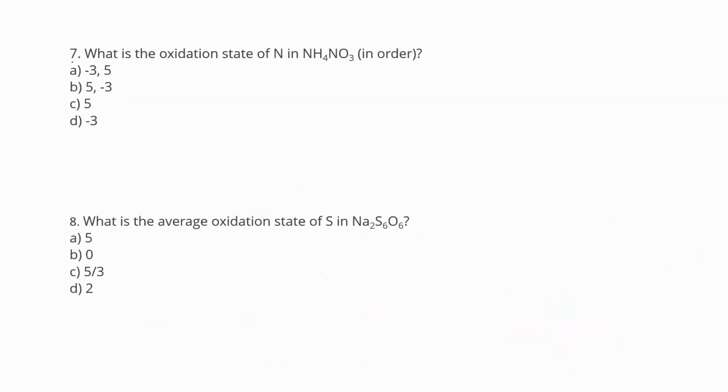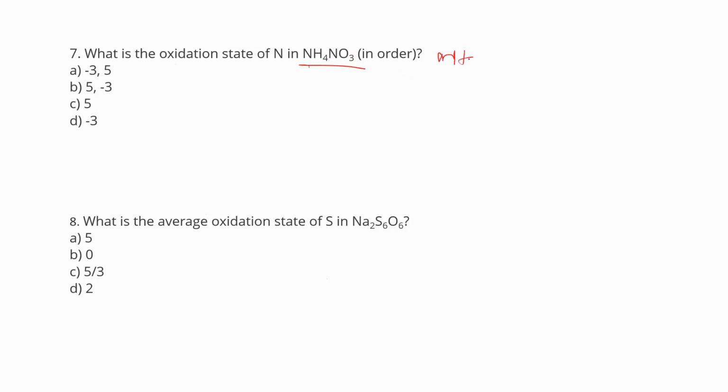So what will be the answer for question number 7, what is the oxidation state of the nitrogen in NH4NO3? To know the oxidation number in NH4NO3, first we have to divide that species into a cation and an anion.